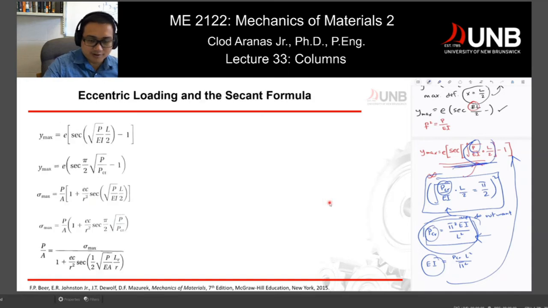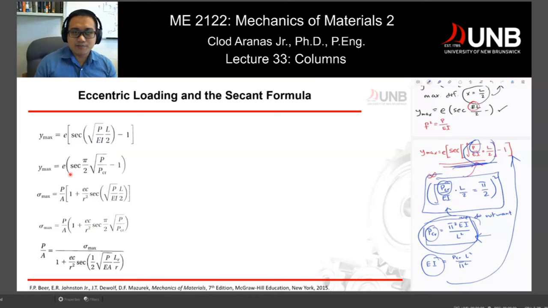So you're going to get this equation here, which we're going to use later. Y max is equal to E, which is your offset from your central axis, times secant of pi over 2 square root of P over PCR, minus 1. And I'll show later how this one would work. So that's how those equations were derived.